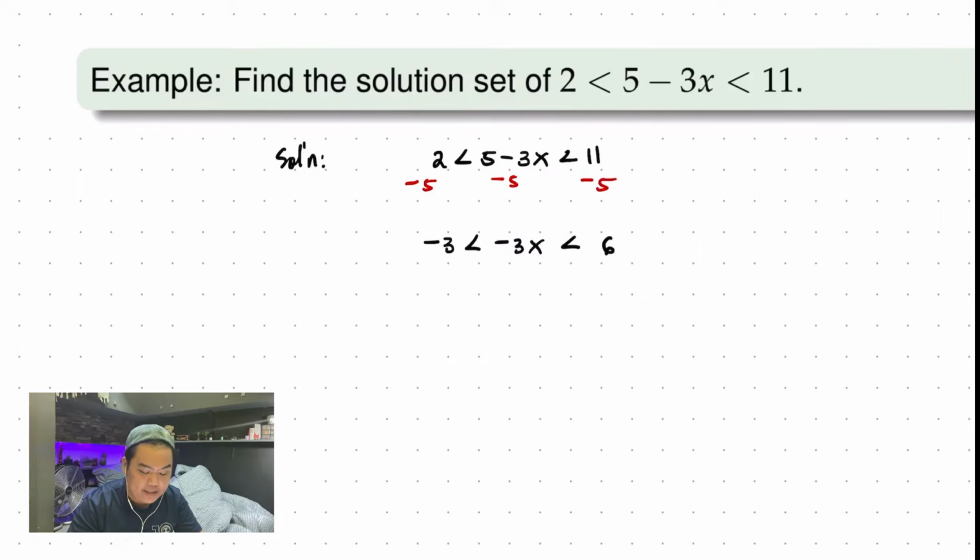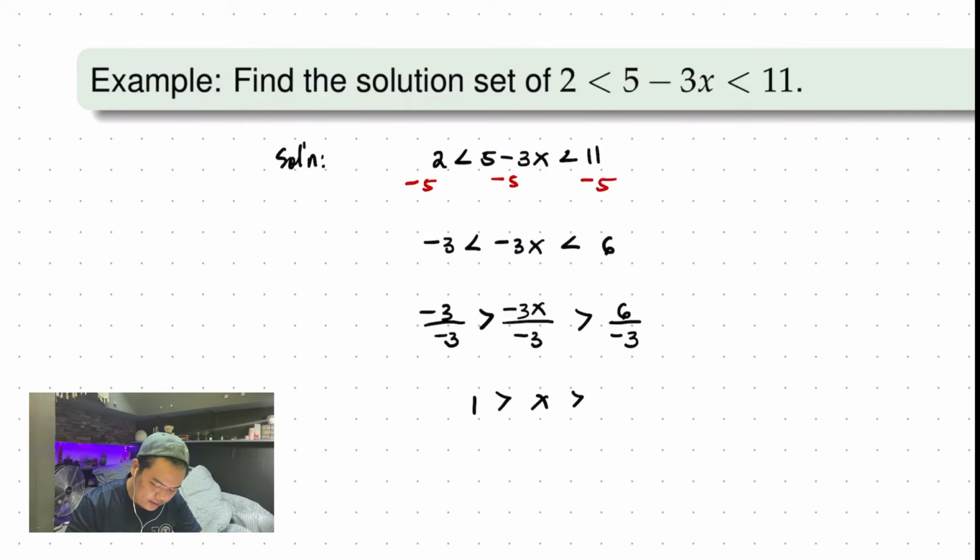Kailangan x yung matira sa gitna. So, di-divide natin everything by negative 3. Hindi ko muna isusulat yung sign ha, kasi nag-iingat tayo pag nagdi-divide or nagbo-multiply. So, ang divisor natin in this case is negative. So, kailangan mag-flip yung mga inequality kasi negative yung divisor. And then, ayan na, x. So, 1, negative 2.